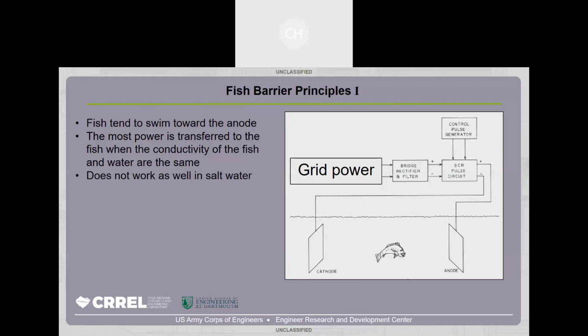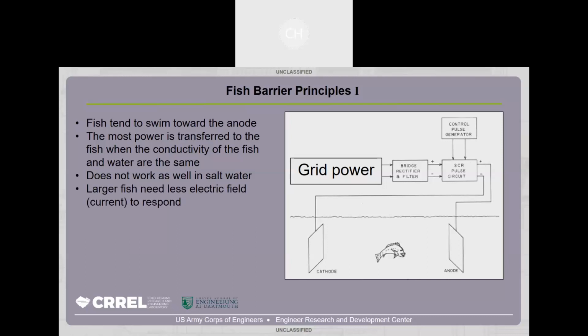On that note, electrical fish barriers don't work great in salt water, because the conductivity of the water is significantly higher, and so you don't get nearly enough current or voltage drop through the fish to actually deter it.